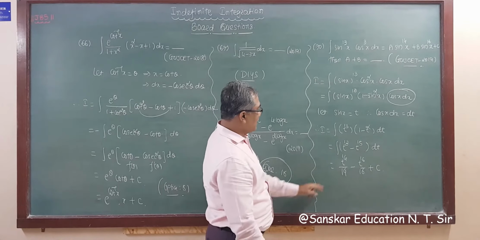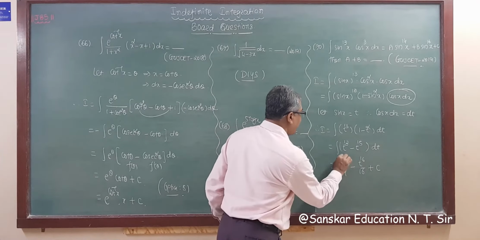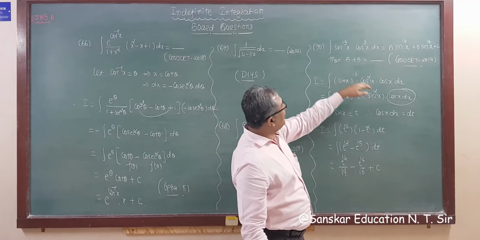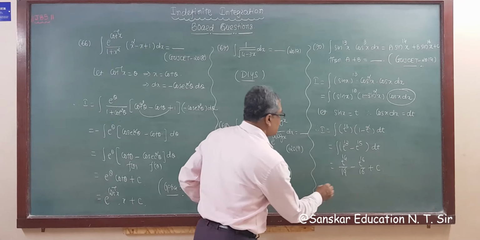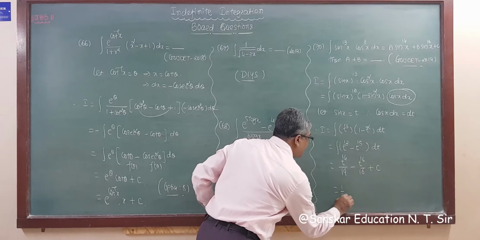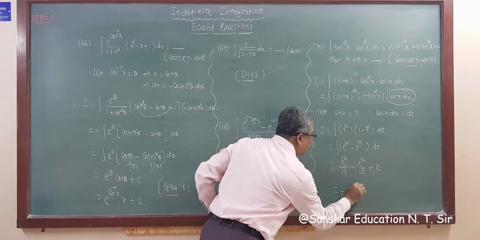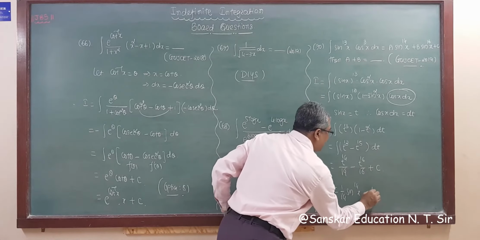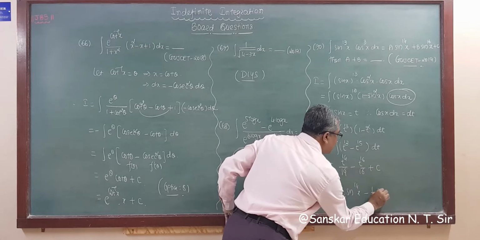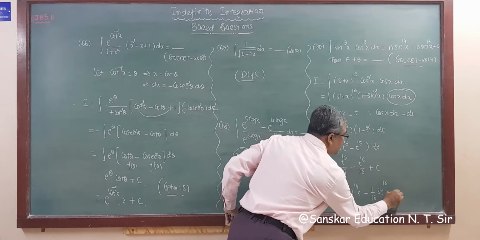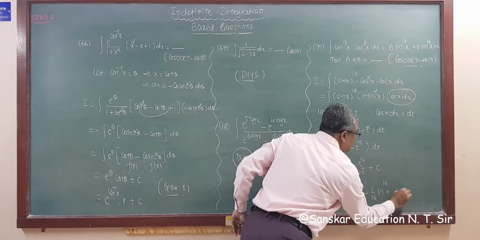So the answer, t is sin x, is 1 upon 14 sine raised to 14 x minus 1 upon 16 sine raised to 16 x plus c.